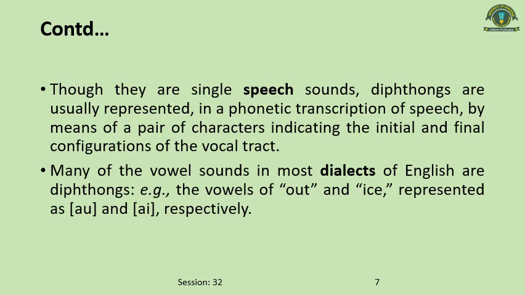Now, out, ice, thrice, mice. So now we understand these are characters, in fact. A pair of characters is there. One is indicating the initial, the other is indicating the final configuration of the vocal tract. These are the points we have to remember when we talk about diphthongs. Is it clear?